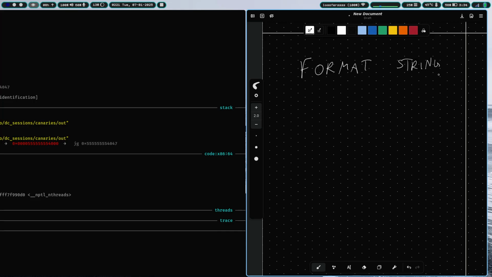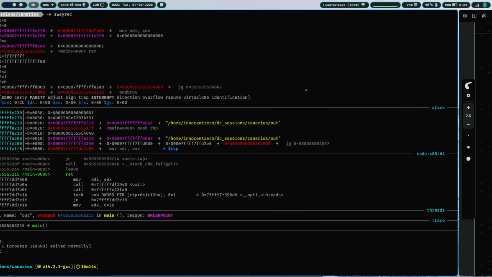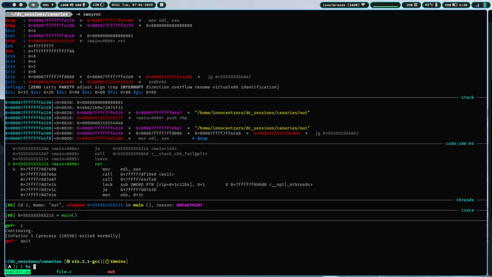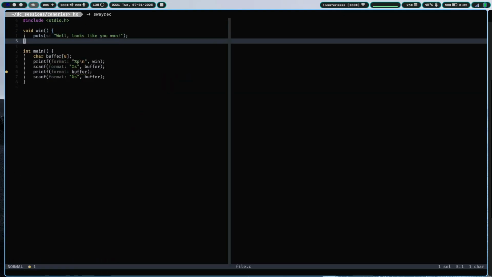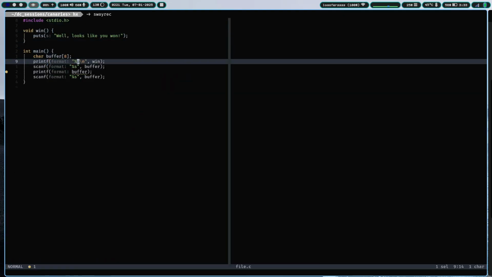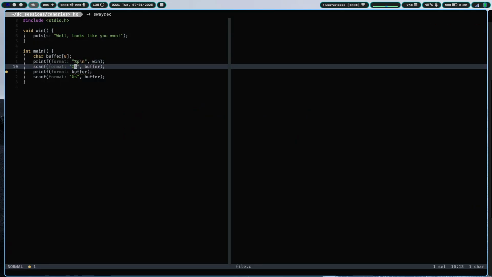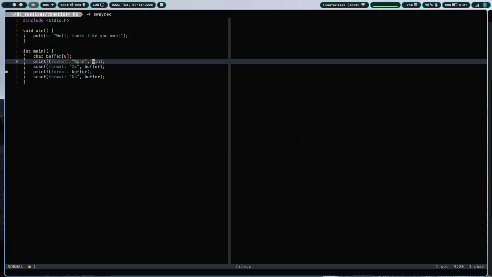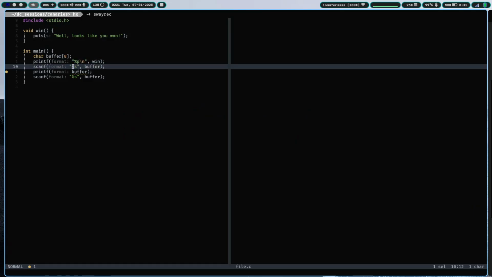So if you all remember, printf takes a character array as its first argument, which is the format string, and it's a variadic function, so it can take multiple arguments. These will be set up in assembly. That's not relevant.